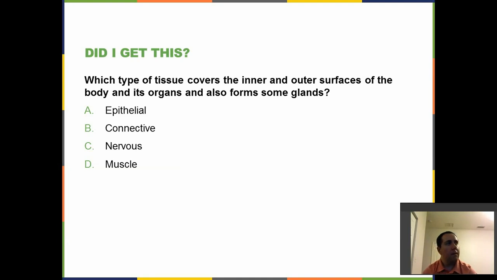It's much smaller than skeletal. Small cells. Involuntary. Non-striated, single nuclei. I think that's probably it. I think we got everything.